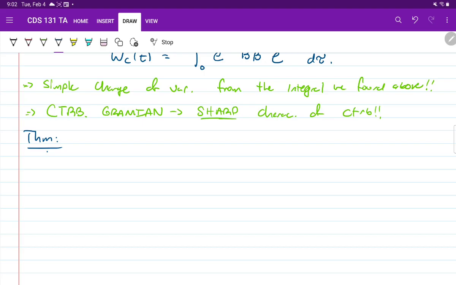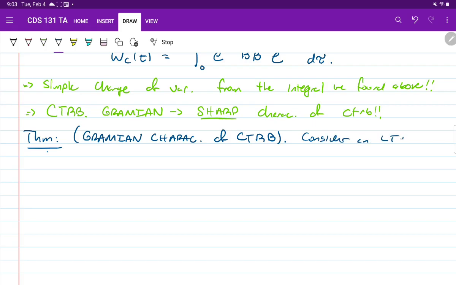So, theorem: this is the Gramian characterization of controllability. Consider an LTI system with state equation x dot equals ax plus bu.